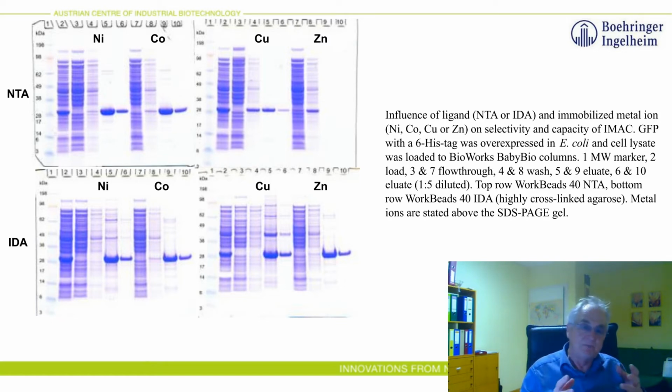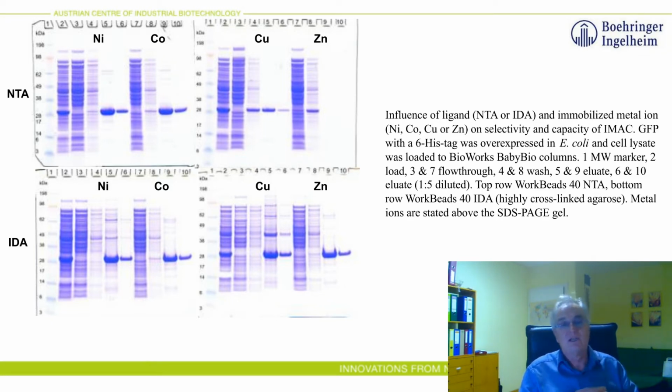And you see, here we have a lot of choices, and you always see on the left-hand side, for the NTA, the supernatant, then the flow-through, the wash, and then the eluate fraction.